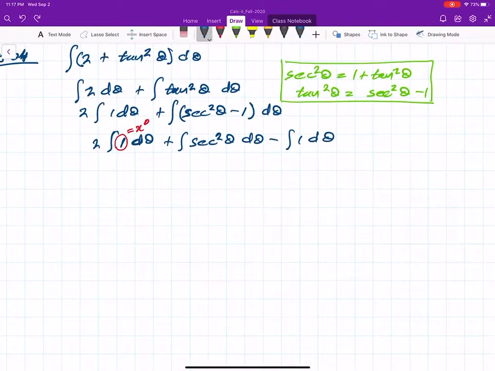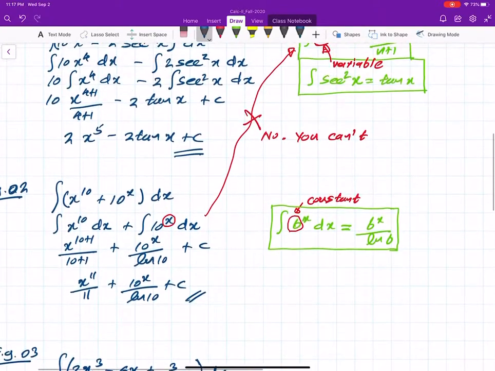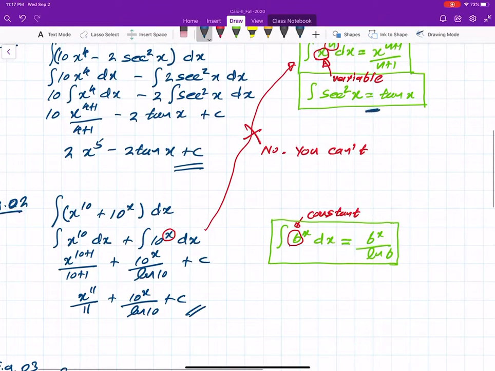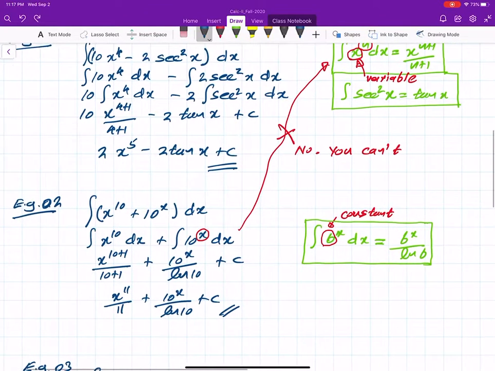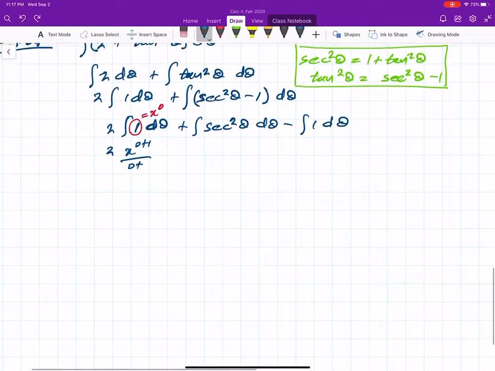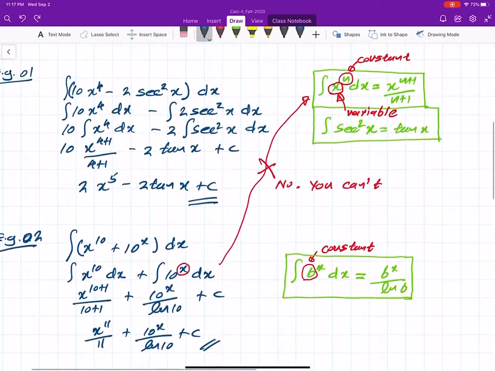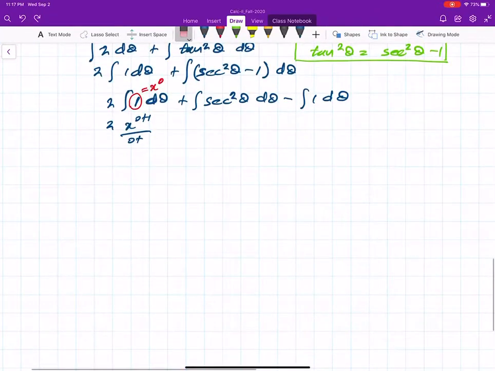Okay, so you write this to be 2 times x to the power 0 plus 1, and the integration of secant square theta is tan theta. All right, so it is tan theta. You could get that. Yes, you could use that here.